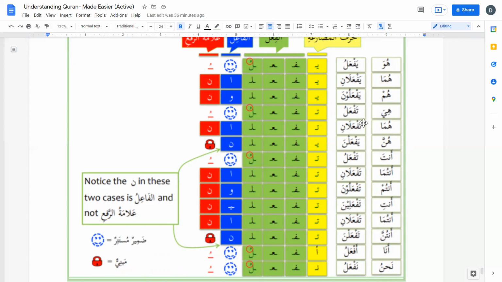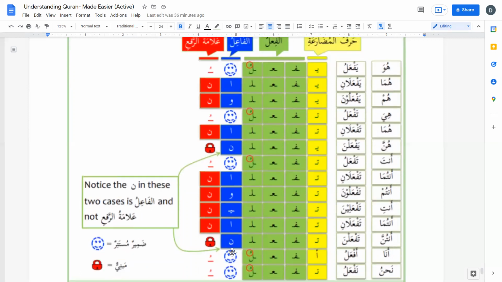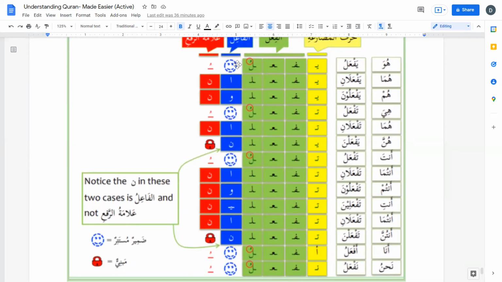Okay, so now let's turn to the ones with noon. In huma yaf'alani, this alif musanna is the fa'il. Look, the fa'il are in blue color, and for these five they are hidden, mustatir, like the dotted line, which means they are not apparent.